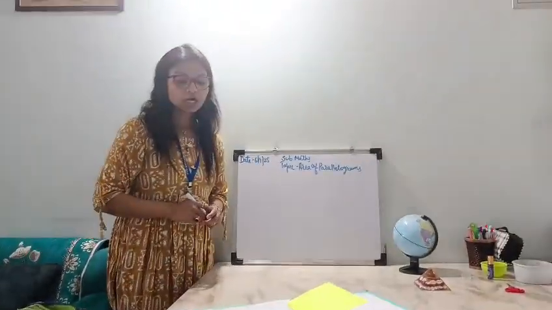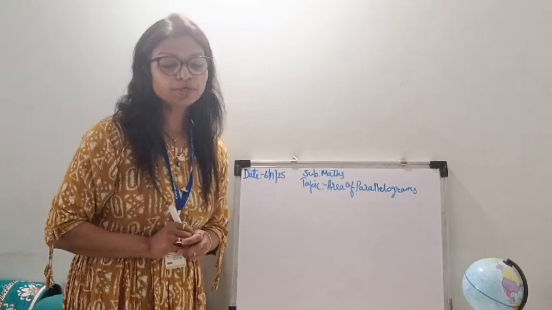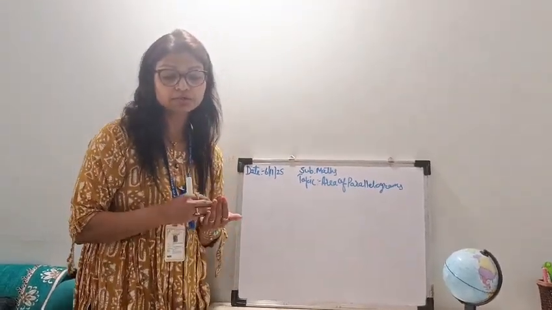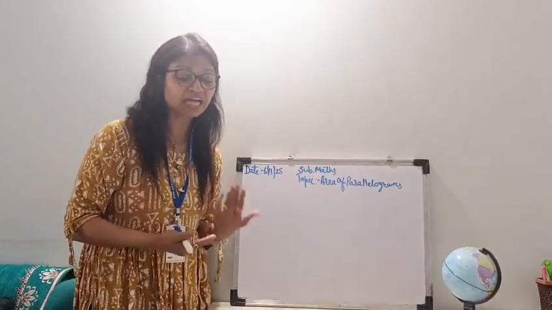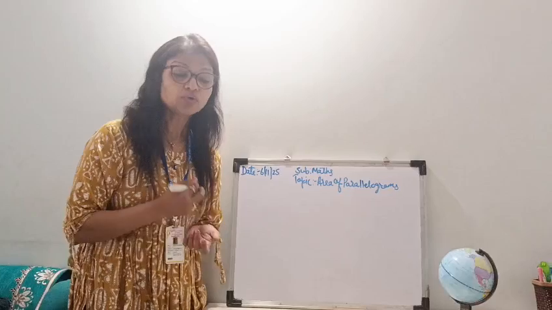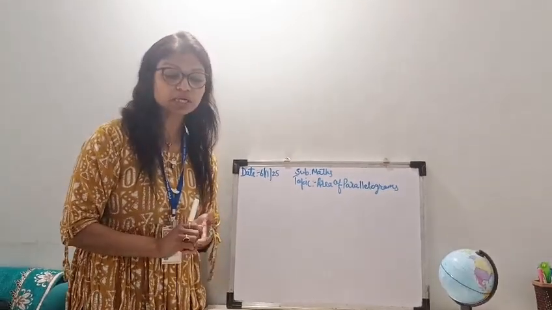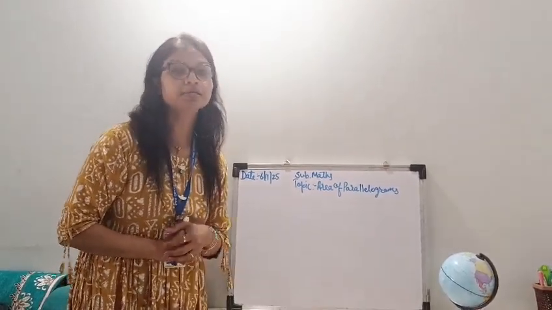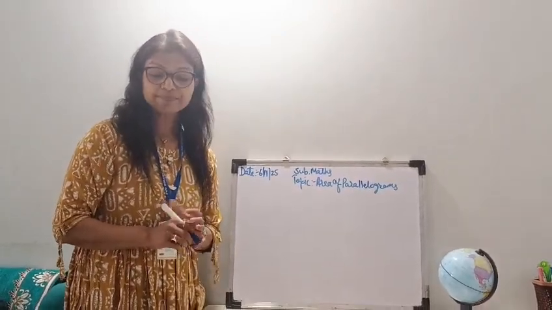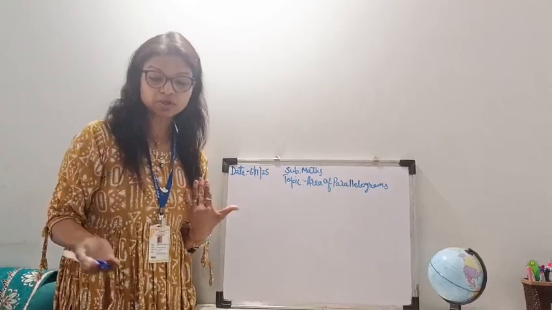Okay, so what do you think? Are you familiar with rectangles and the calculations of that? How to calculate rectangles and what are the formulas of rectangles? We all are familiar with that. So today we will learn about parallelogram.